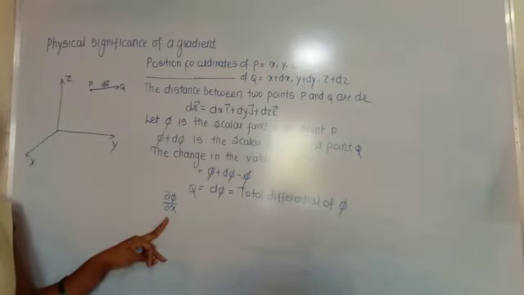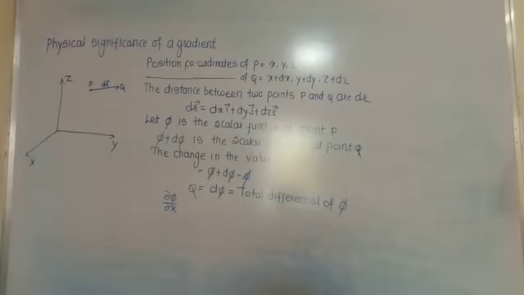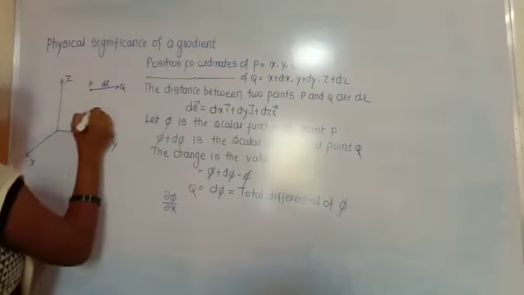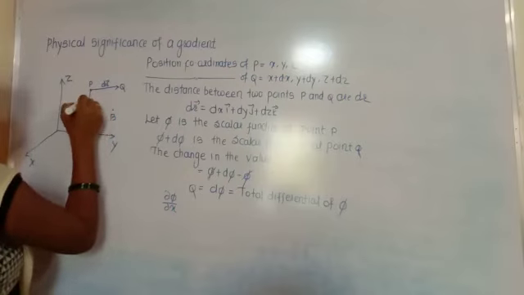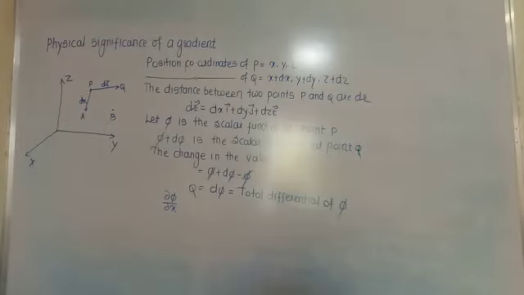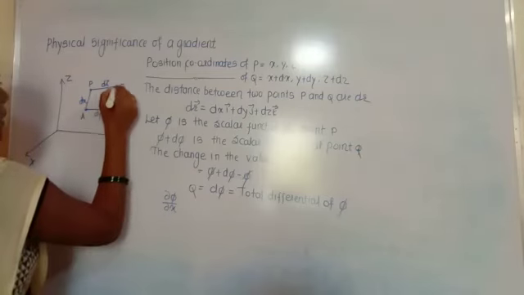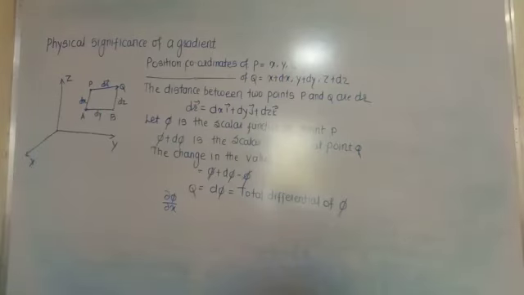Let us take another two points, A and B. This distance is dx, this distance is dy, and this distance is dz.